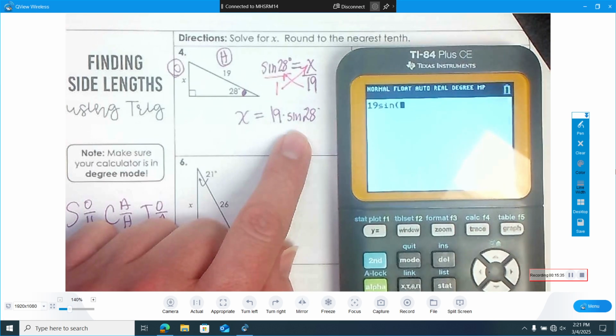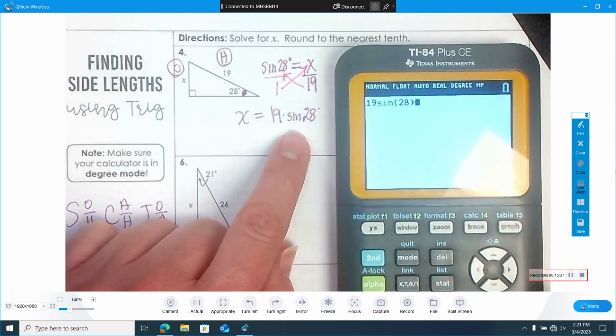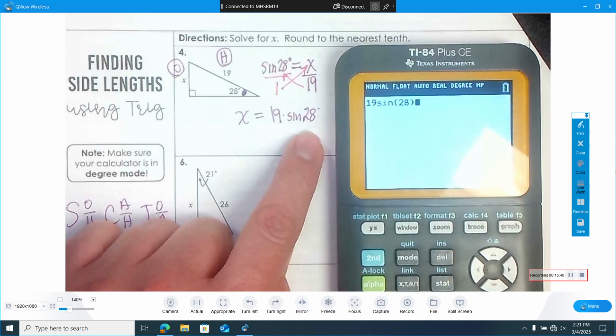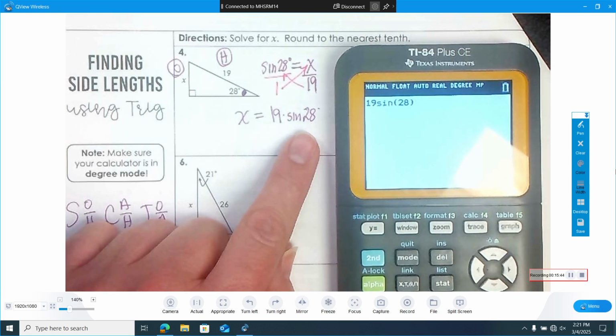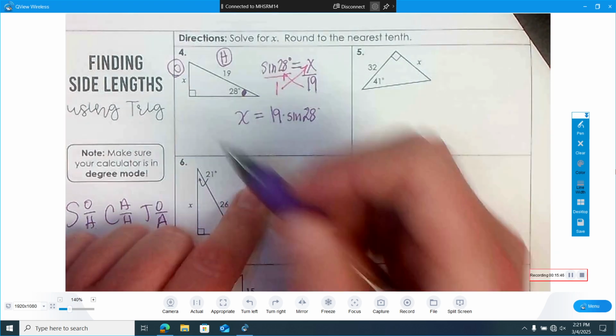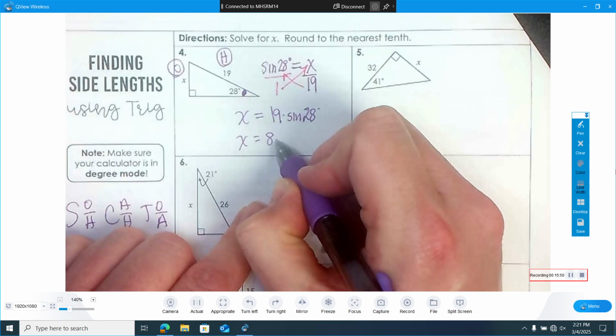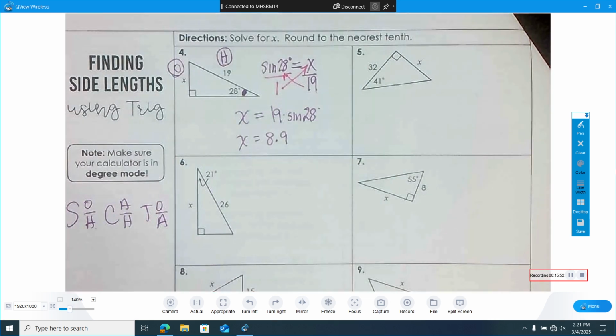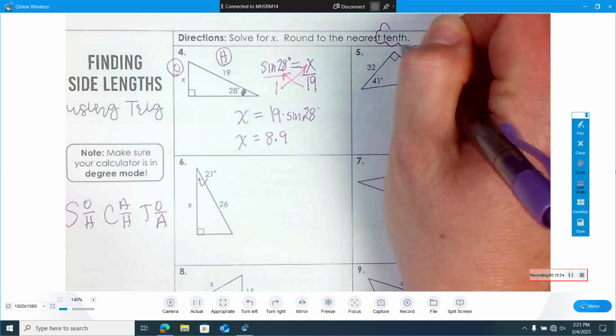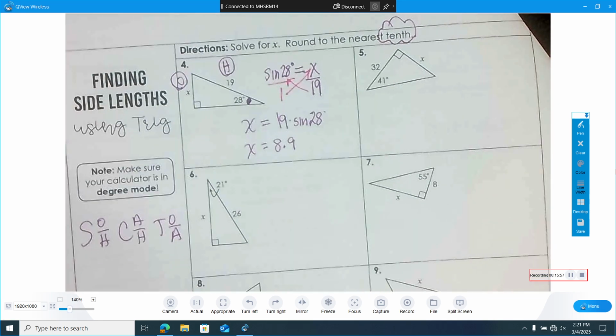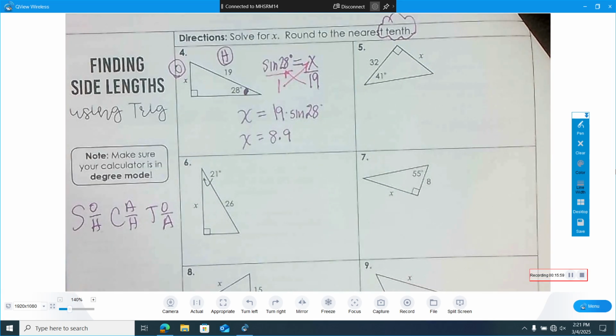That is the rule in math. So we plug that entire thing into our calculator, 19 sine of 28, and you don't have to round anything off. There's no rounding error. We get 8.9. We want to round to the nearest tenths. Please read the directions in Delta Math to make sure that's what they want.